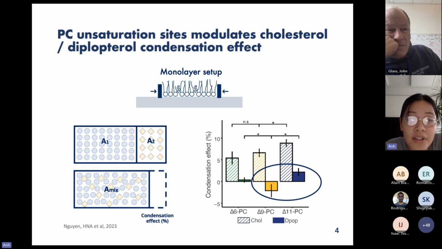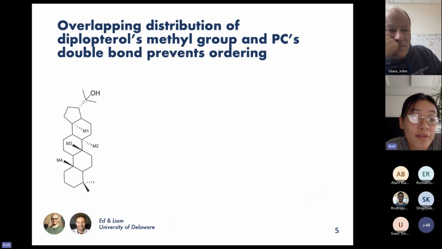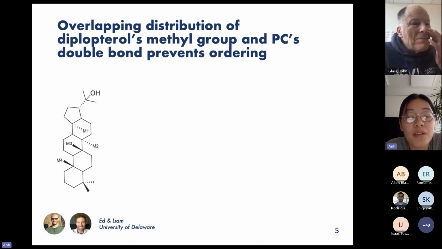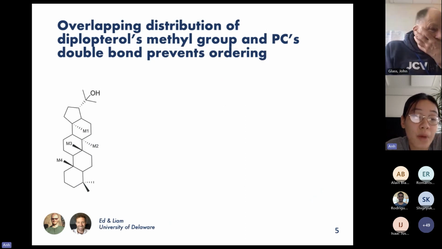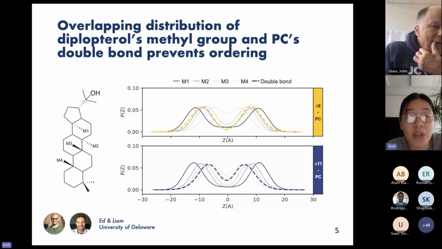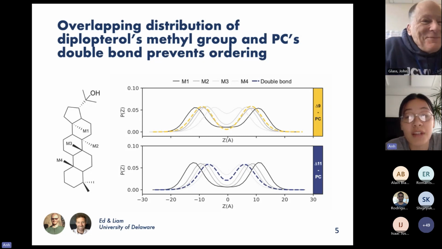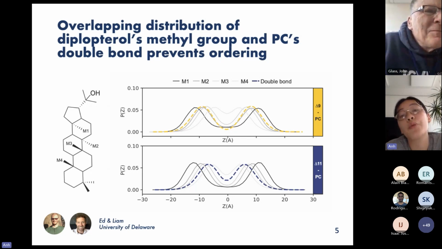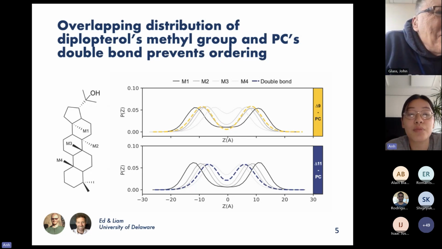To gain a deeper understanding of this, we collaborated with Ed and Liam from the University of Delaware to look into how the different methyl groups are distributed according to the double bond. And what we find very fascinating here is that for the delta 9, which has a repulsive effect, the methyl group of diplopterol is actually distributed exactly where the double bond is.